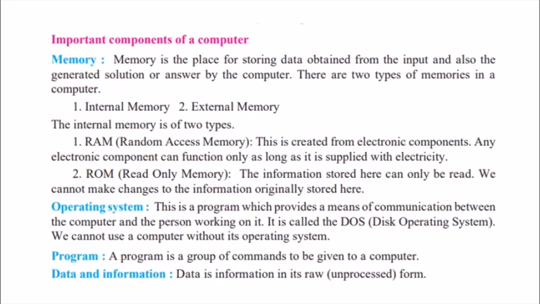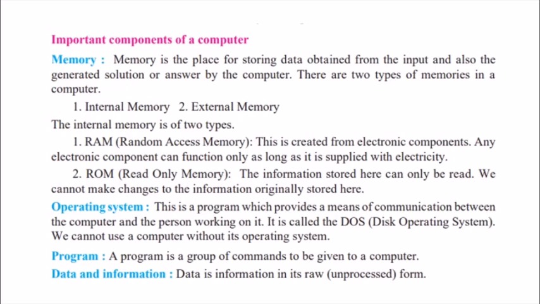Then next we have the operating system. The operating system provides the means of communication between the computer and the person who is working. It is also called the disk operating system. Next we have the program. It is a group of commands to be given to the computer.